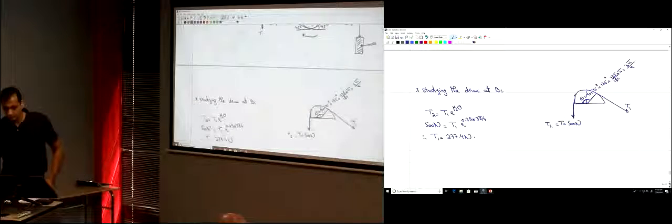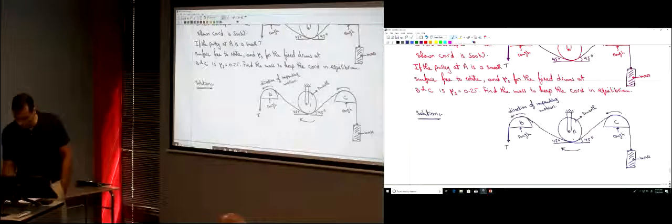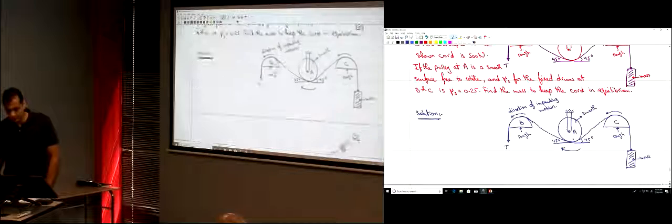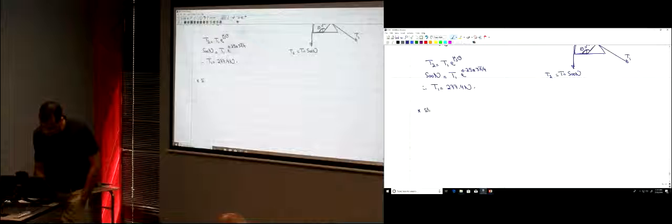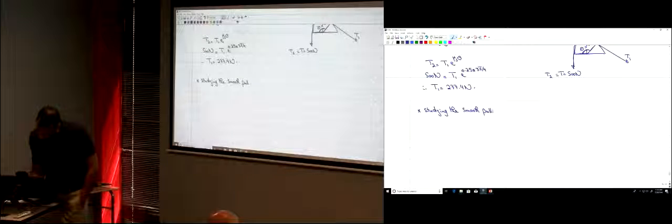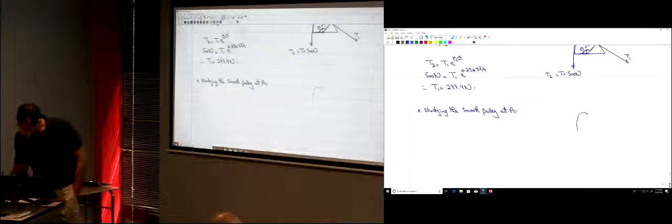And then you have here the pulley at A, smooth. So studying the smooth pulley at A, you have T1, which is 277.4 newtons.